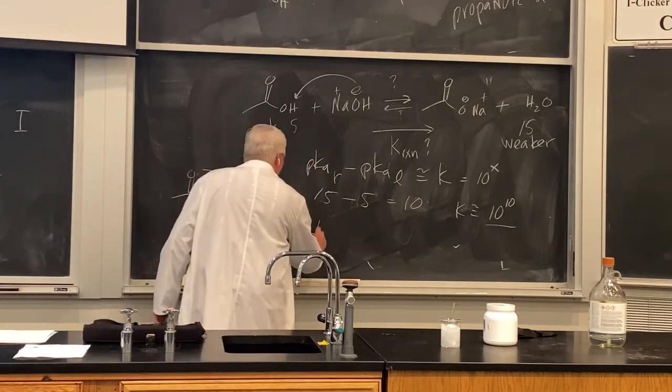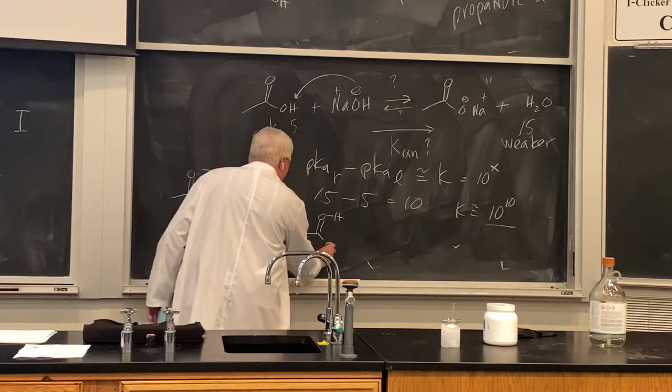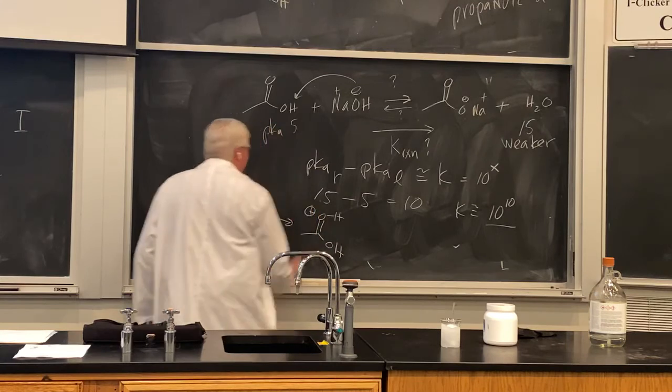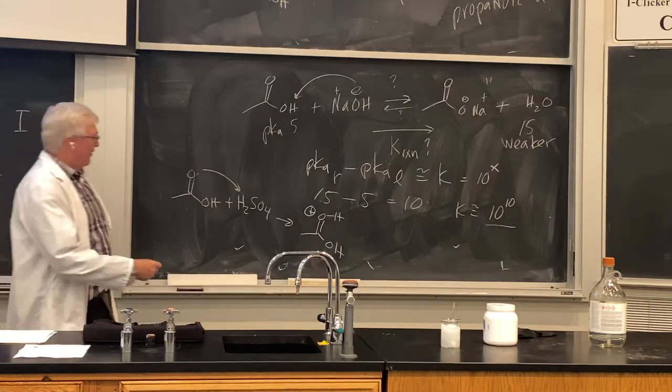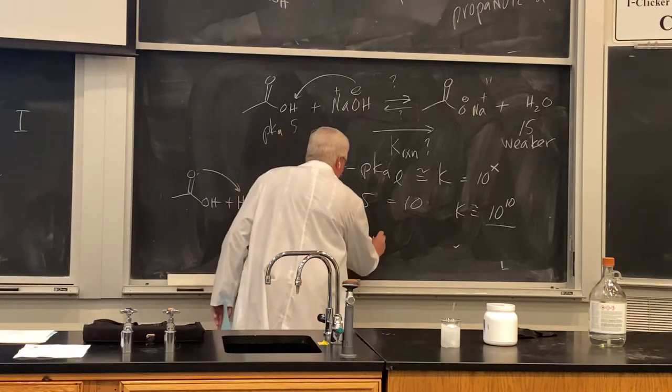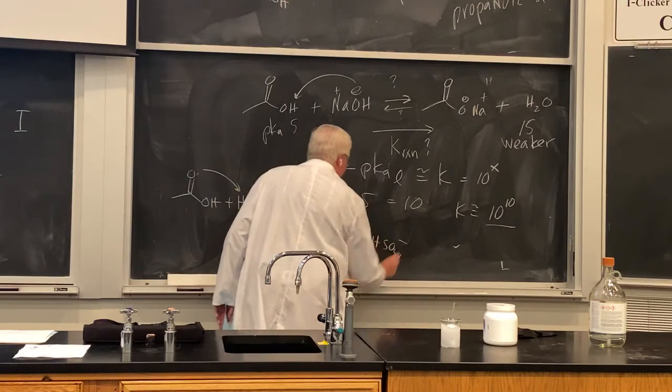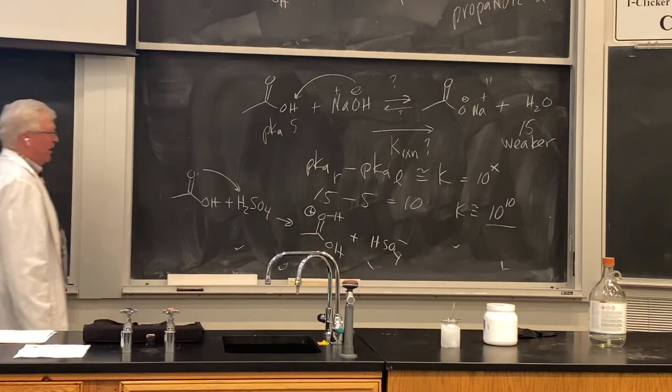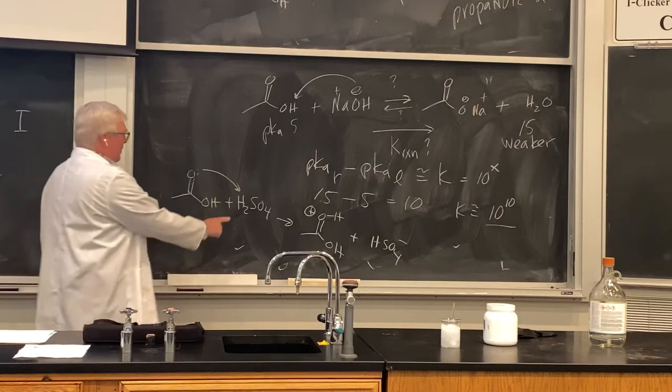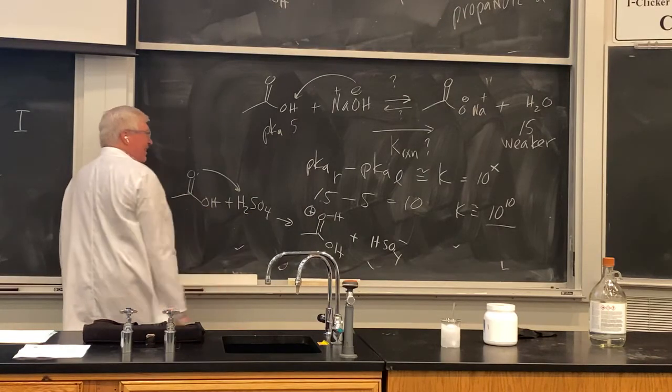So we can go to this product, and there we have a plus charge on that carbonyl because it has that proton there. And what's our conjugate base here from that? Well, it's bisulfate, okay? So why is this favored? Well, this pKa here is minus 7.